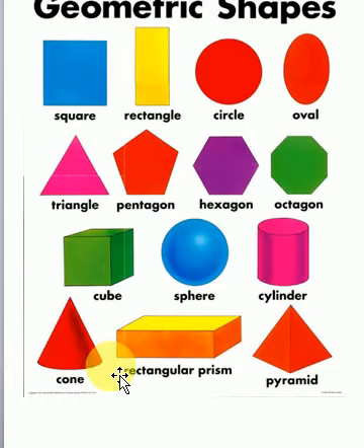Cone has only one edge. Rectangular prism has the same measures as the cube. Pyramid like that one has 5 faces, sides 1, 2, 3, 4, and 8 edges.